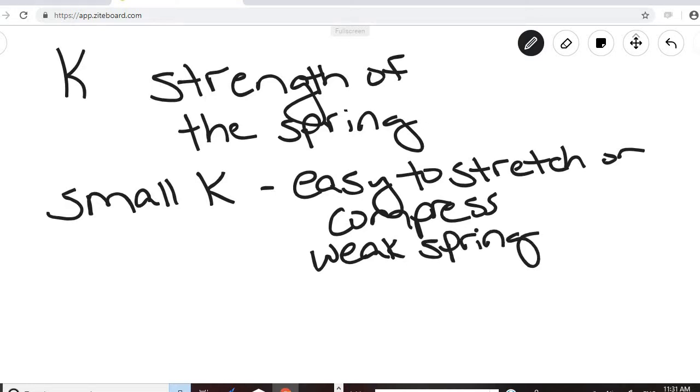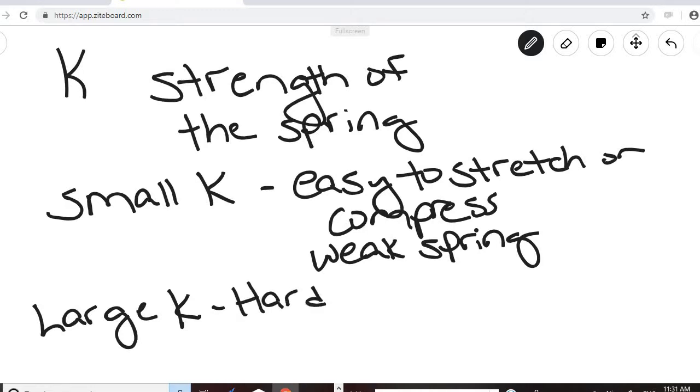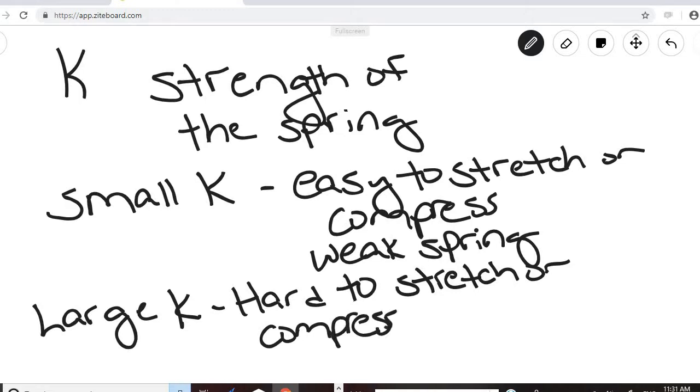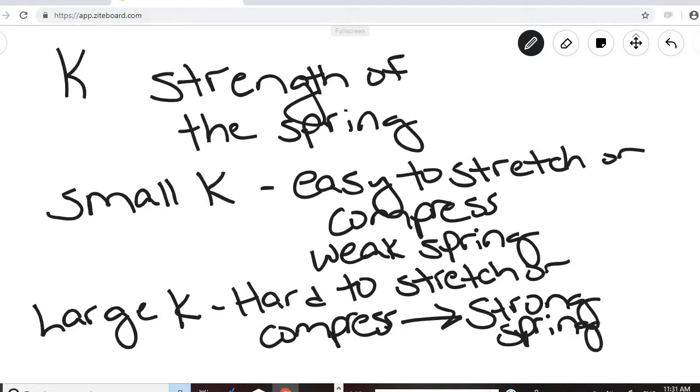And conversely, if you have a large K, then that means that it's hard to stretch or compress it. So in other words, it is a strong spring. So all K gives us then is a measure of the strength of the spring.